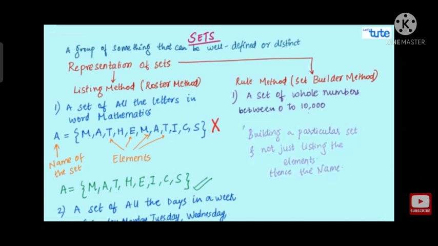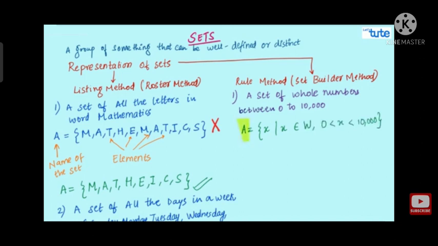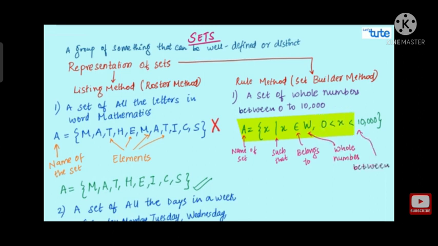A set using the set builder method is written like this and is read as A is the set of all x such that x belongs to whole numbers and x is a whole number between 0 and 10,000.